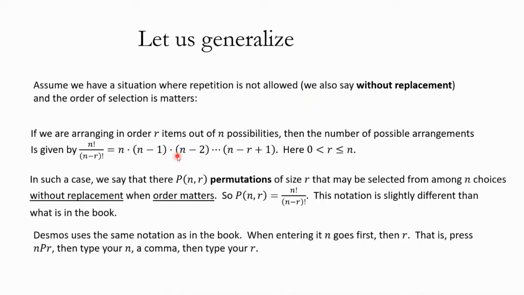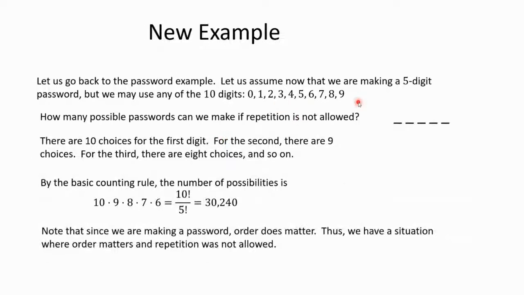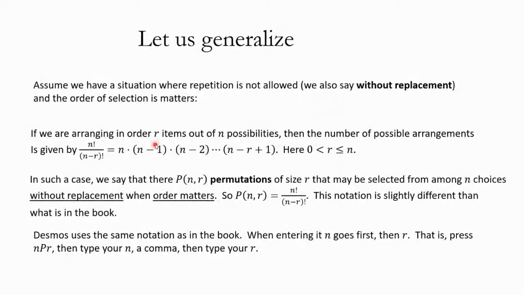So we have n possibilities. In this case, we had 10 possible digits. We're arranging 5 of them. In this case, we're arranging r of them. Well, the total number of possible arrangements would be this. The total number of ways you can pull this off.